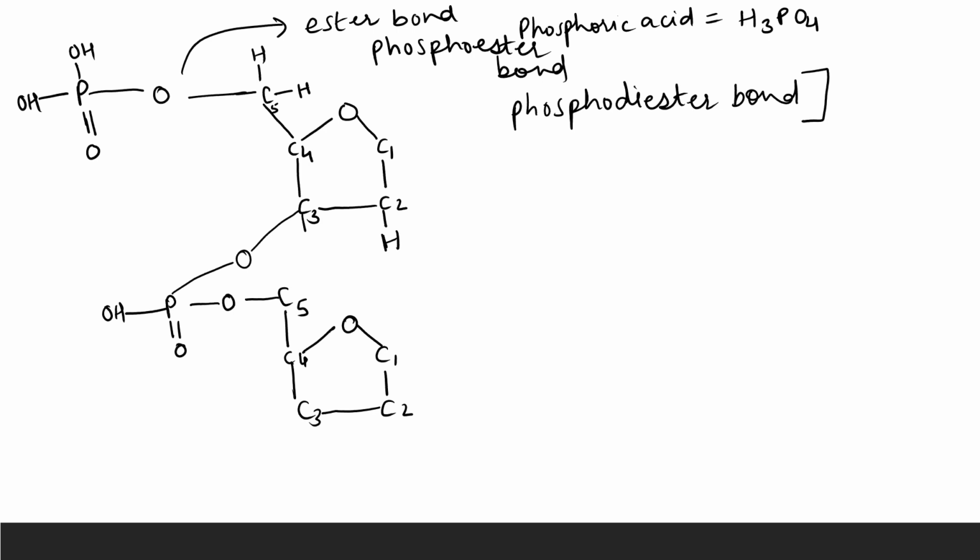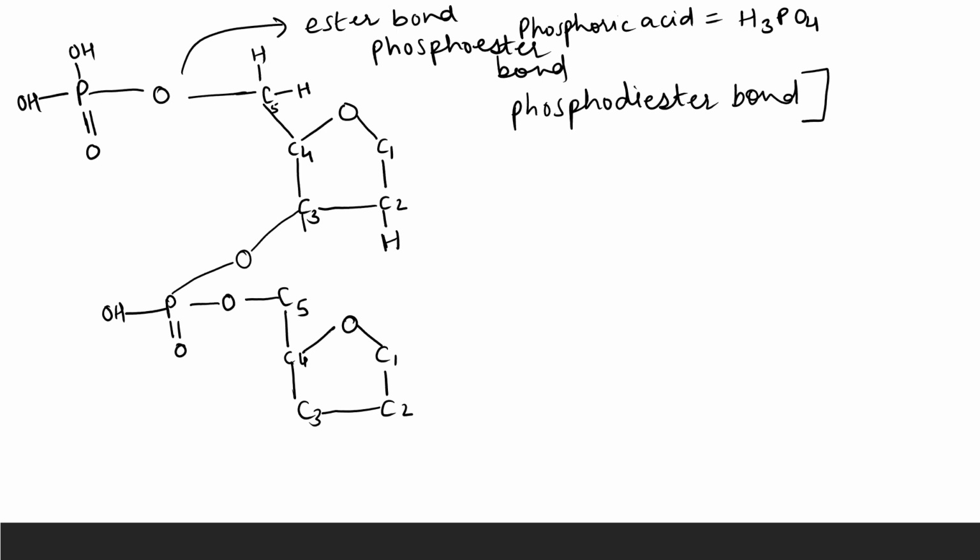So now you can understand how this chain is formed, right? You can join any number of nucleotides in this, maybe 2, 10, 20. Any number of nucleotides you can join, and again this kind of bond is formed and the chain becomes long, right? So what will be the final shape of this?